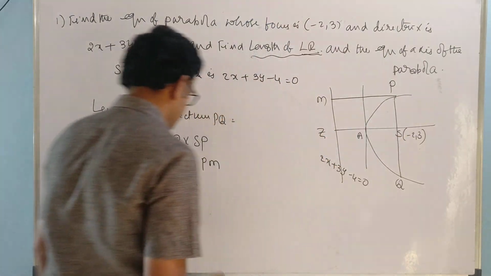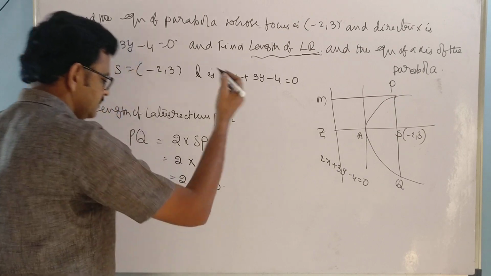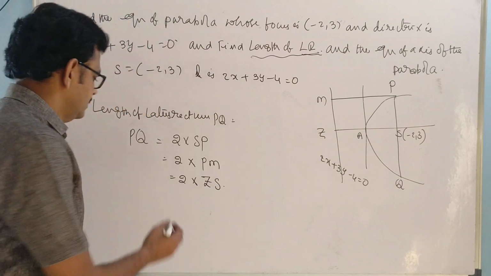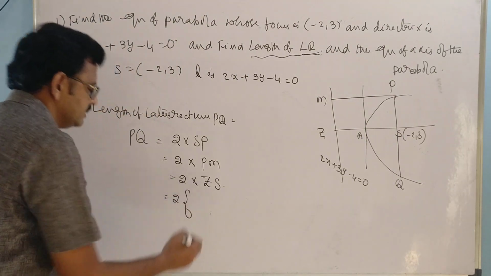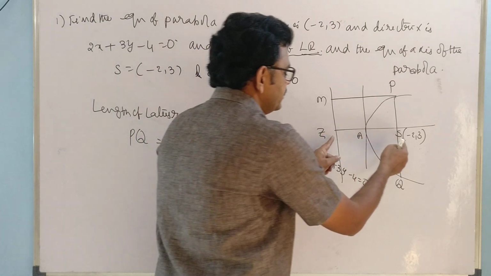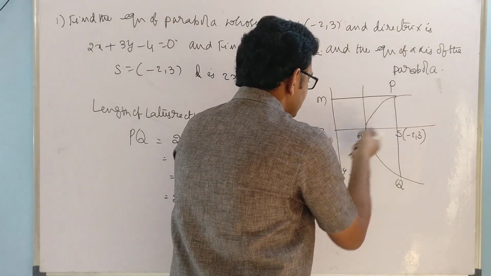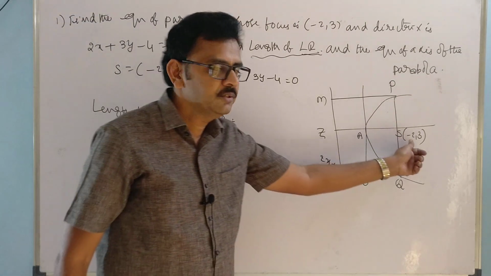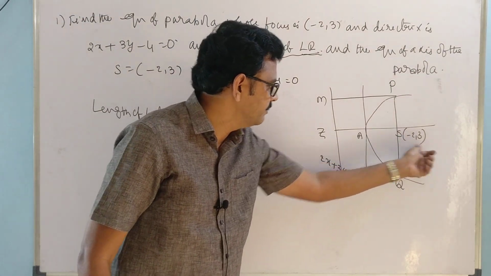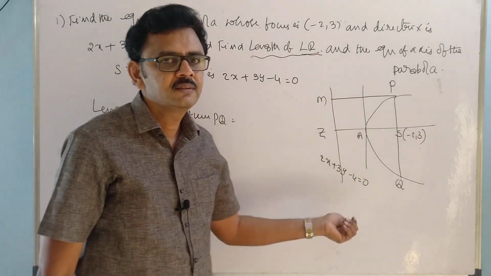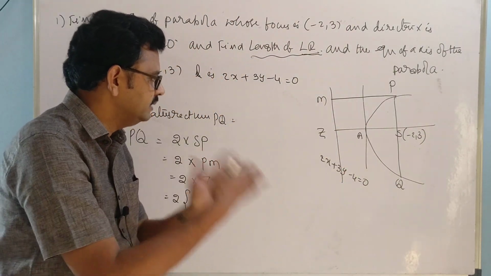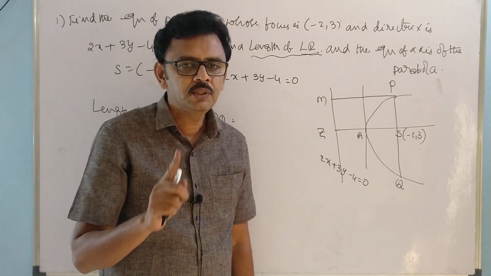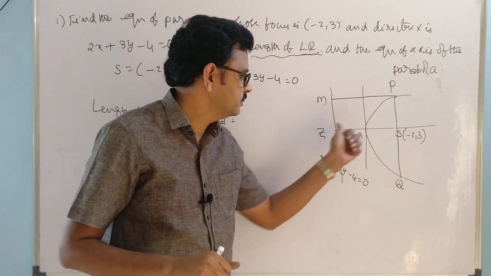Here ZS means the length of the perpendicular from the focus to the directrix, that is, from the focus (-2, 3) to the directrix. Therefore, finally, the formula for the length of the latus rectum is 2 times the length of the perpendicular from the focus to the directrix.